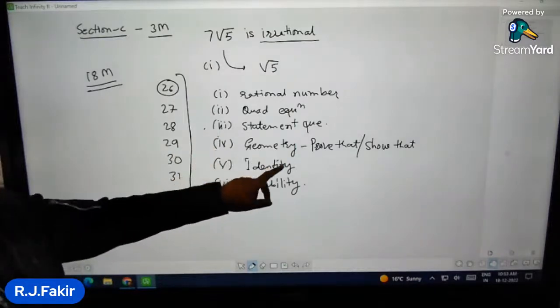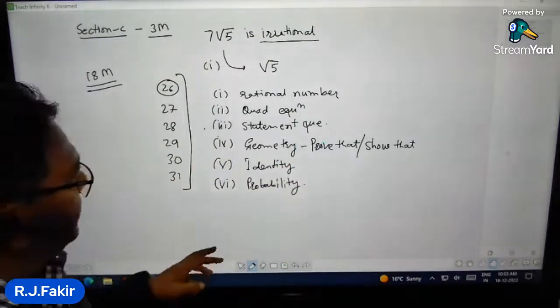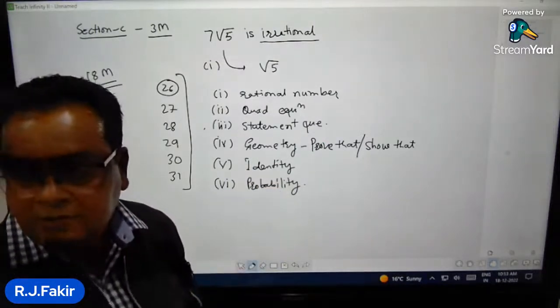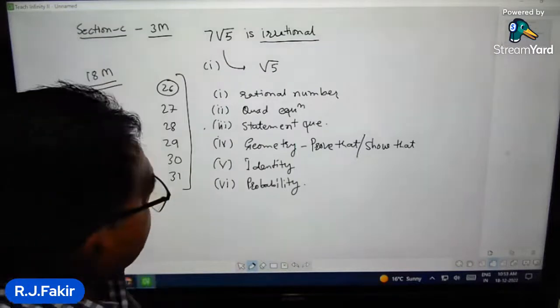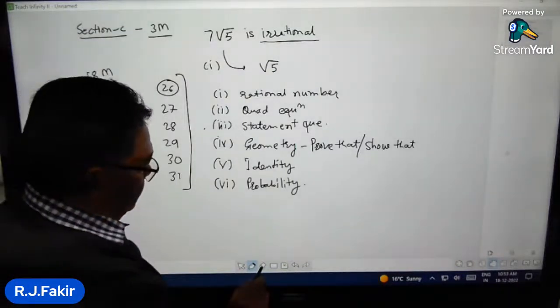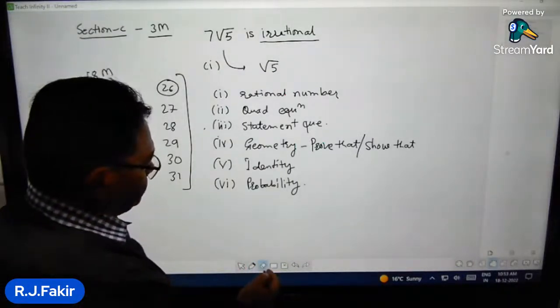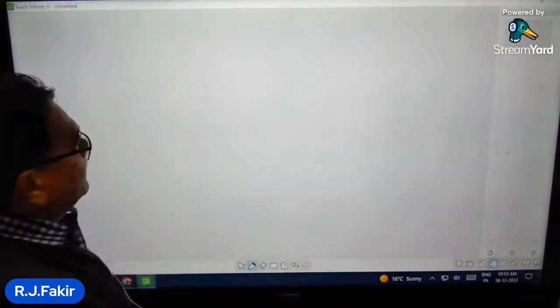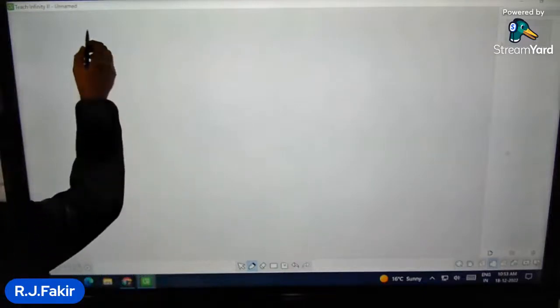Then the geometry based questions, which is prove that or show that, one identity, and one question from probability. Okay. Then we'll go to the next section. That is section D.